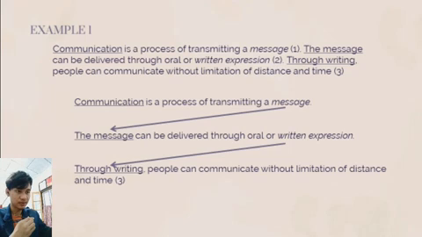And for the third sentence, through writing. Writing is derived from the rheme of the previous sentence. And that is how the simple linear progression or the zigzag pattern works.